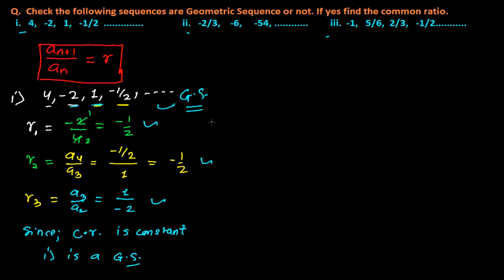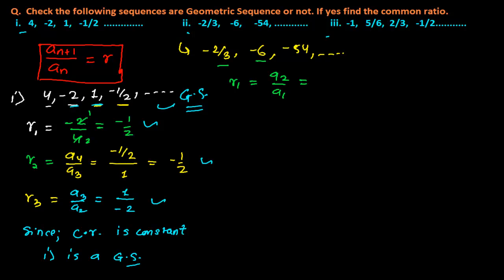All right, now let's talk about the second one. Let me write what we have. It's minus 2 by 3, that's our first term, minus 6 is our second term, minus 54 is our third term, and so on. Let me find the first common ratio by taking the second over the first, the succeeding term over the preceding term.